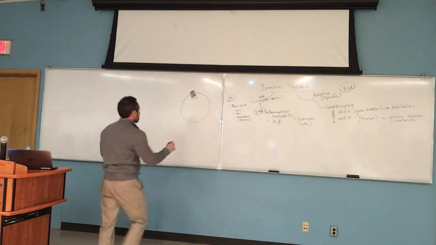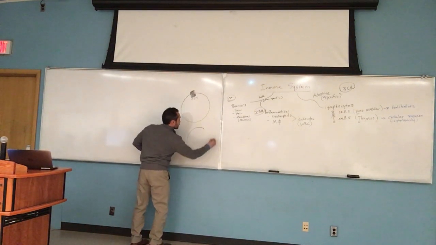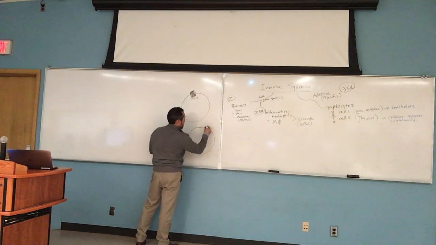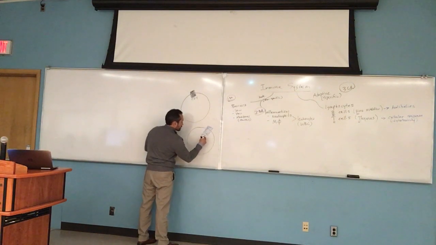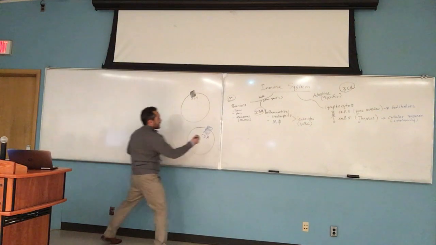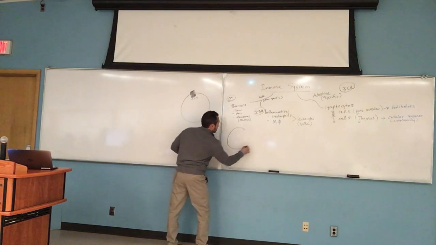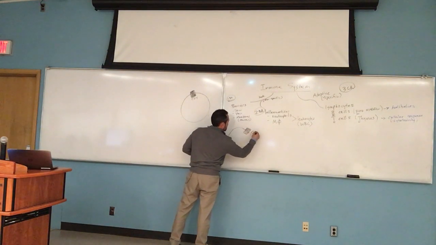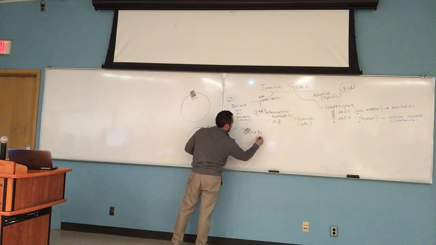We actually could have another cell here, and this cell has a CD marker on it, and it's CD8. We could actually have a third type of cell, and let's pretend that this marker is like CD90 or 105.